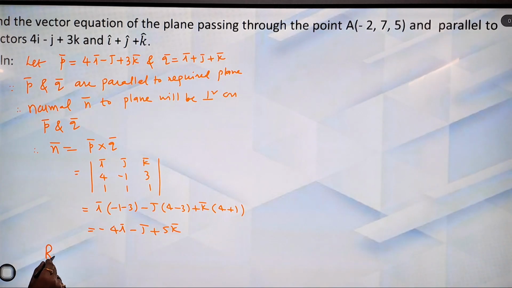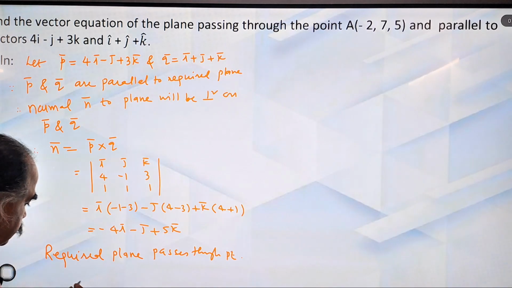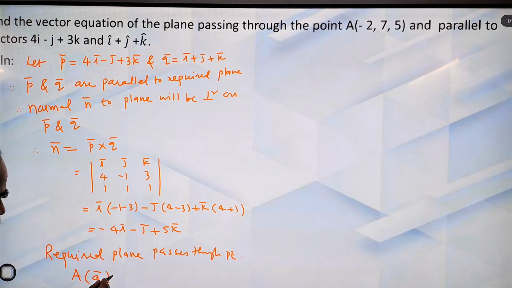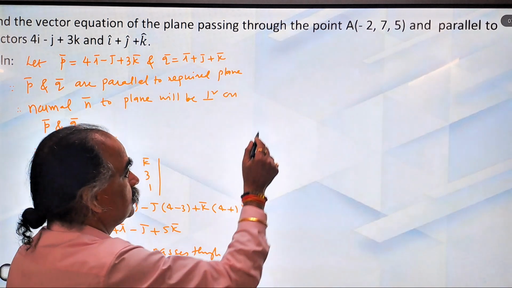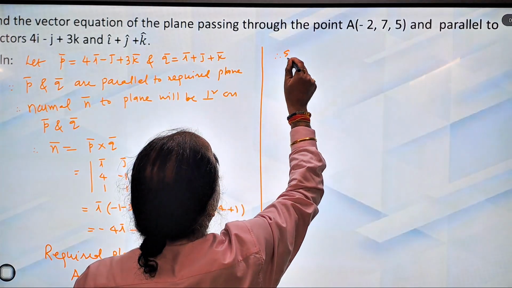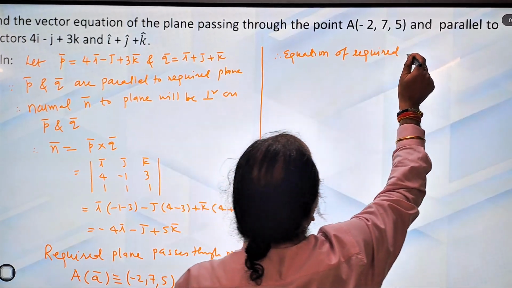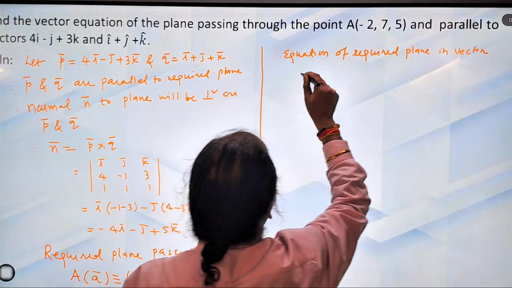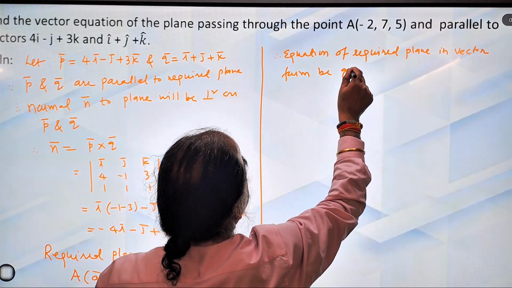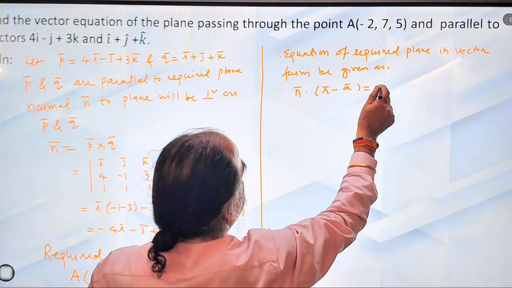The required plane passes through point A bar, (-2, 7, 5). Therefore, the equation of the required plane in vector form is given as n bar dot (r bar minus a bar) is equal to 0.